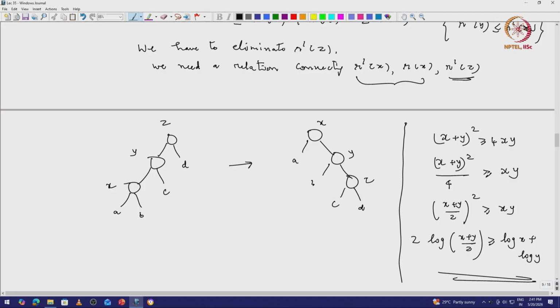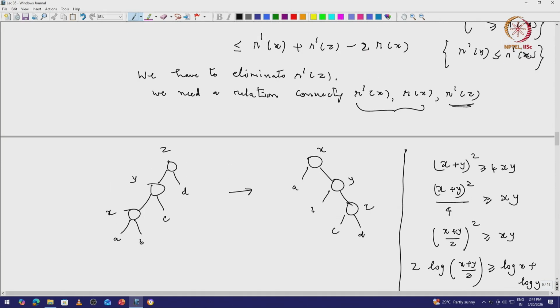Okay. So, we will use this fact. Now, let us look at what is the relation between r dash x, r of x and r dash z. So, what is r dash z? See, this is r dash z, this is where you have r dash z.